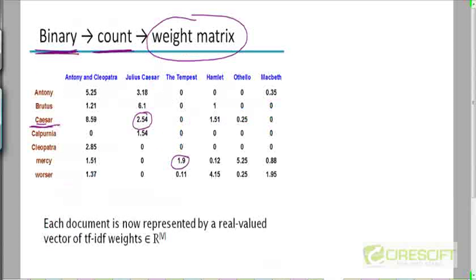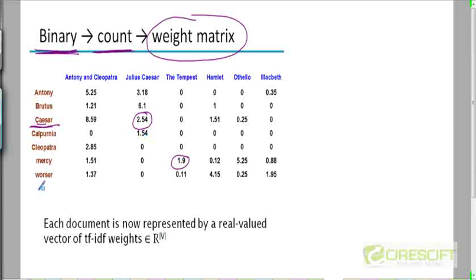So in this weight matrix, these zeros you see could either indicate that this term does not occur in this document, or that this term occurs in every single document. In this case there is no example of that, because you would have every single score in this row be 0.